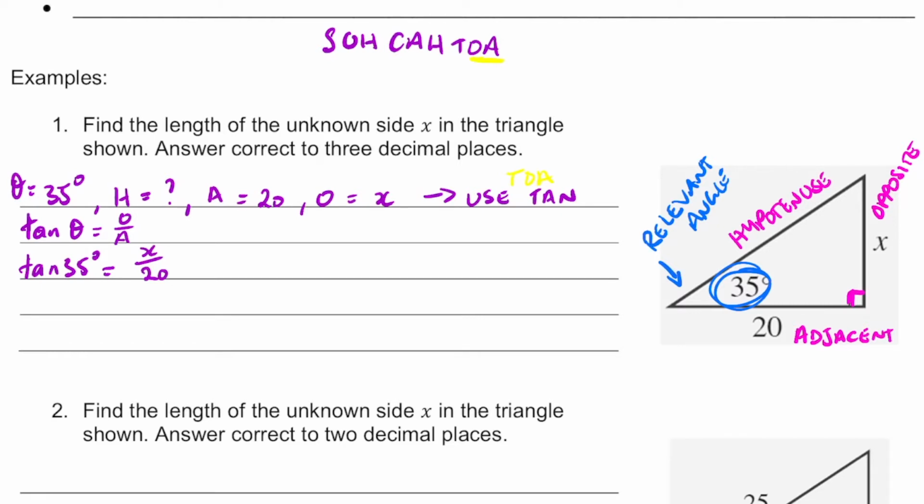What we're going to do is get x equals 20 tan 35. Now you're probably going, wait, what the heck just happened? And that's okay if you are.